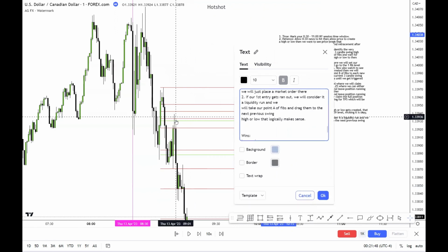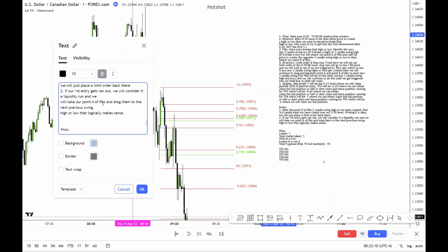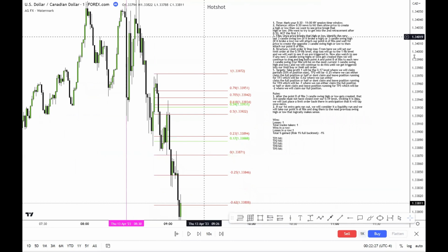Do we want to place a market order there? Because if we place a market order like right here, then we will place a limit order there, back there, in anticipation that it'll tap once more. Okay, cool. All right, new rule. Cool.